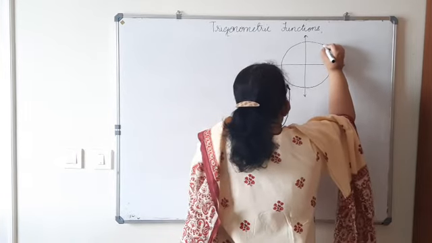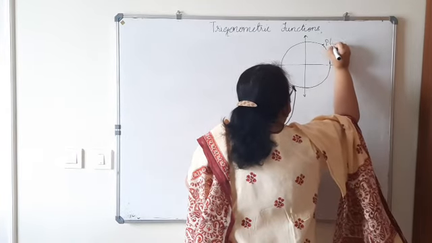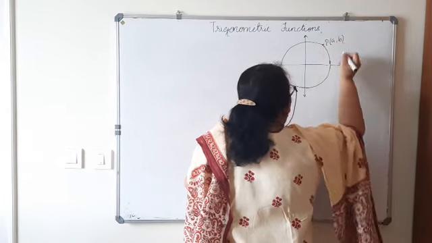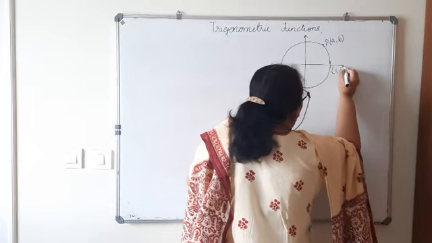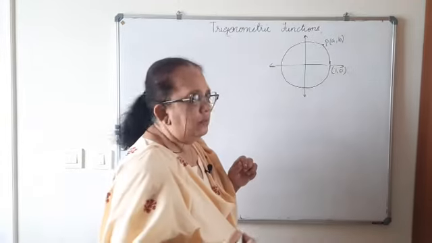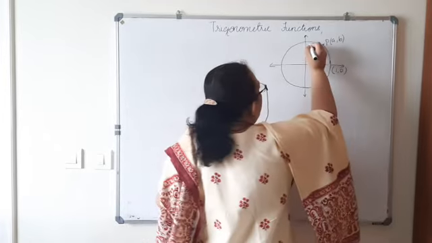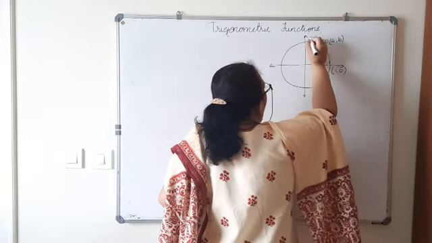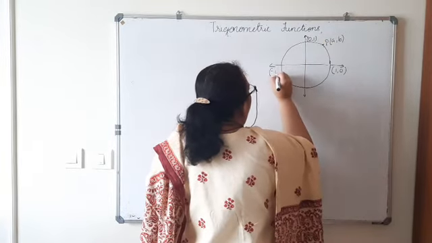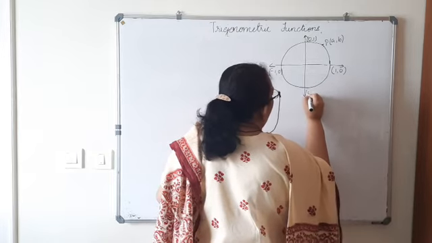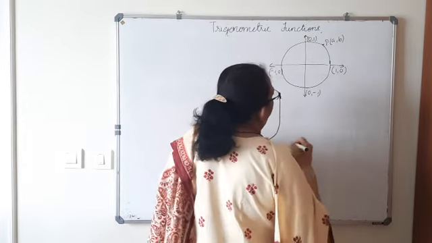Let us consider a point P, A comma B. This point is 1 comma 0 because it's a unit circle. This is 0 comma 1, minus 1 comma 0, 0 comma minus 1.